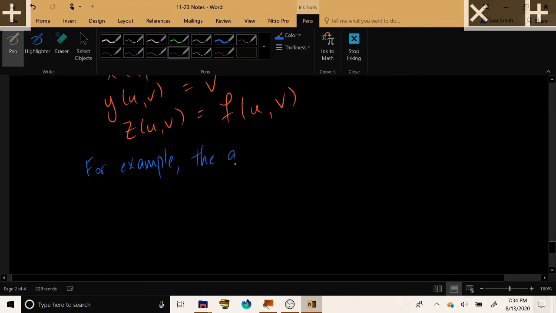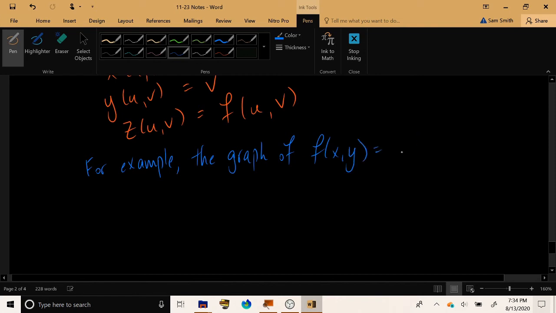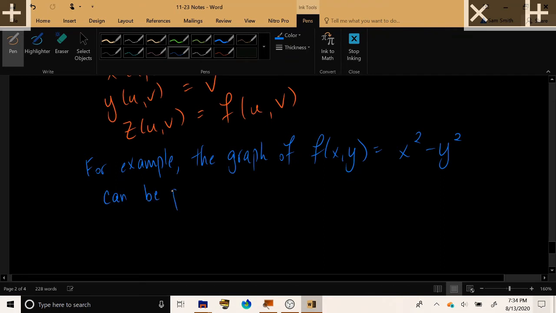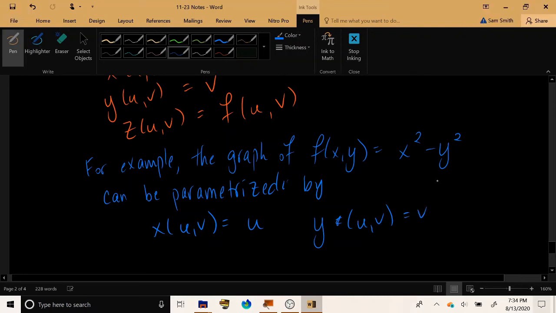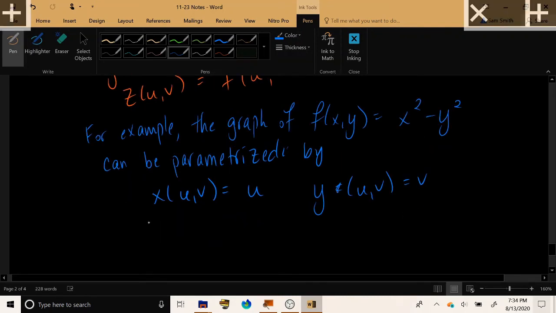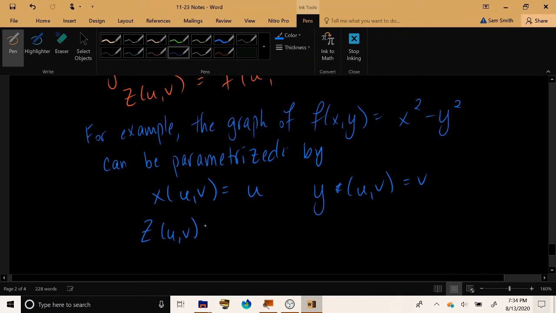the graph of f of x,y equals x squared minus y squared can be parametrized rather cheaply by the choice that x will be represented by the parameter u, y will be represented by the parameter v, and then the z-coordinate will come directly from the output of the function, not x squared but u squared, not y squared but v squared.